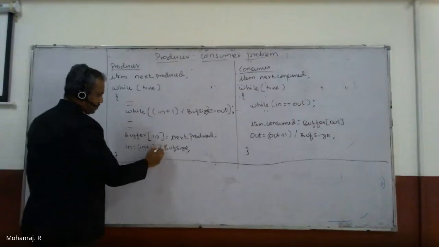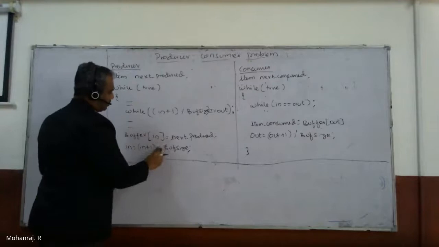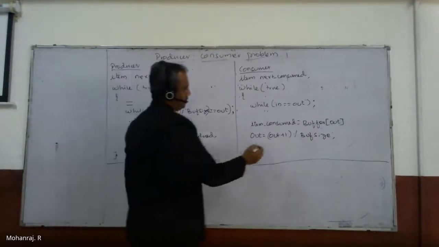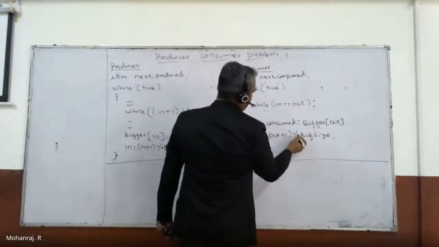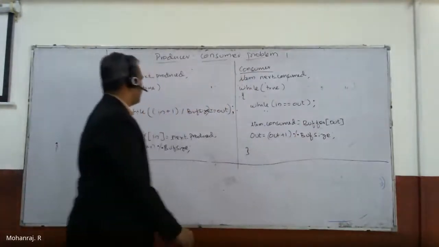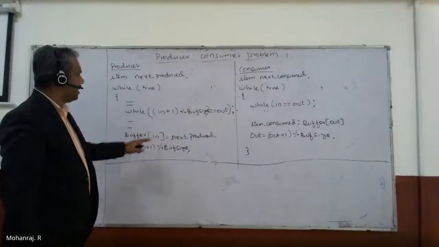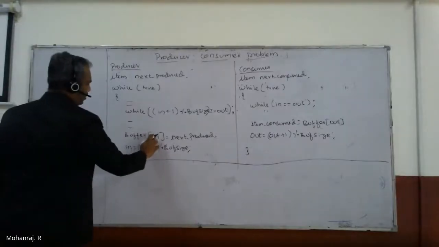This symbol is percentage. I was asking what's in the bracket of buffer, like below you have written buffer bracket n is equal to next product. That is in. It is in, there is no n in it. It is in.